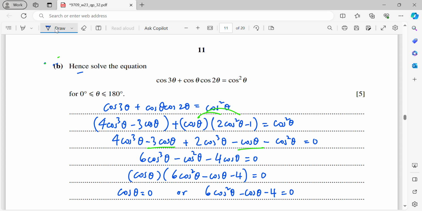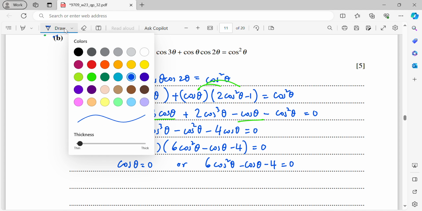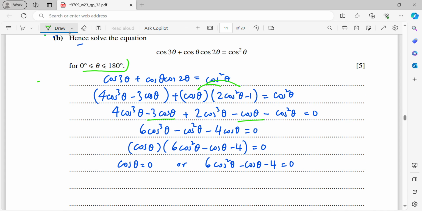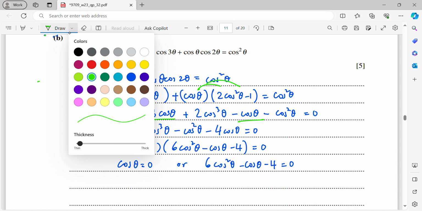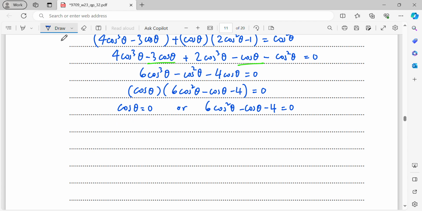Now, when you look at the domain here, or interval, the theta is defined from 0 to 180 degrees, inclusive of both. So now for cos theta equals 0, I will sketch a cos graph. Here is 360 degrees. Then this is 270.